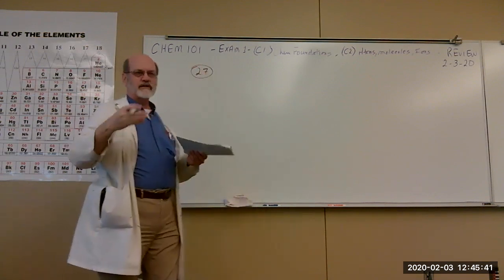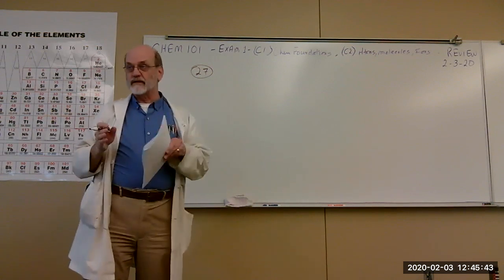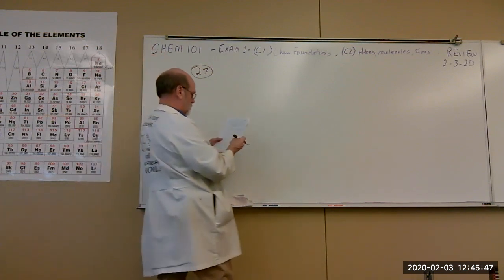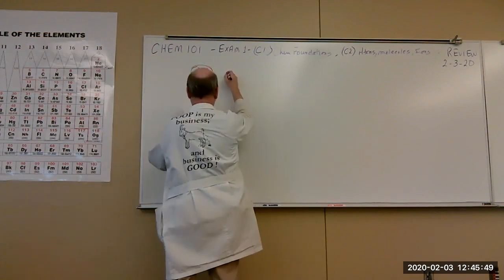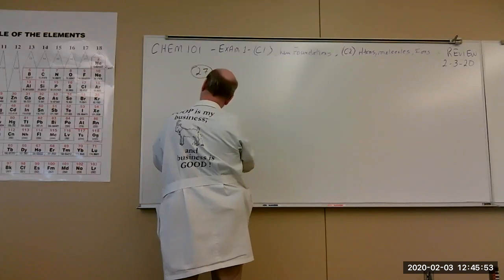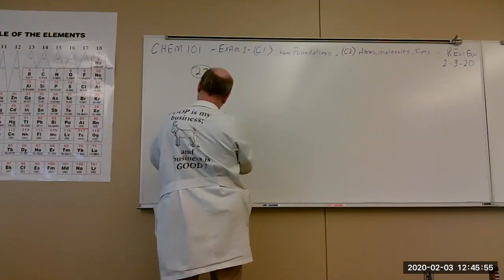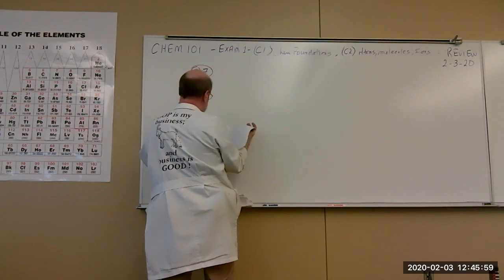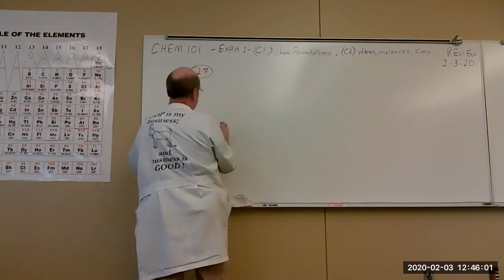Multiplication and division, if that's all there is, then you have a number that's, for this example, let's try it. I'll just make one up.